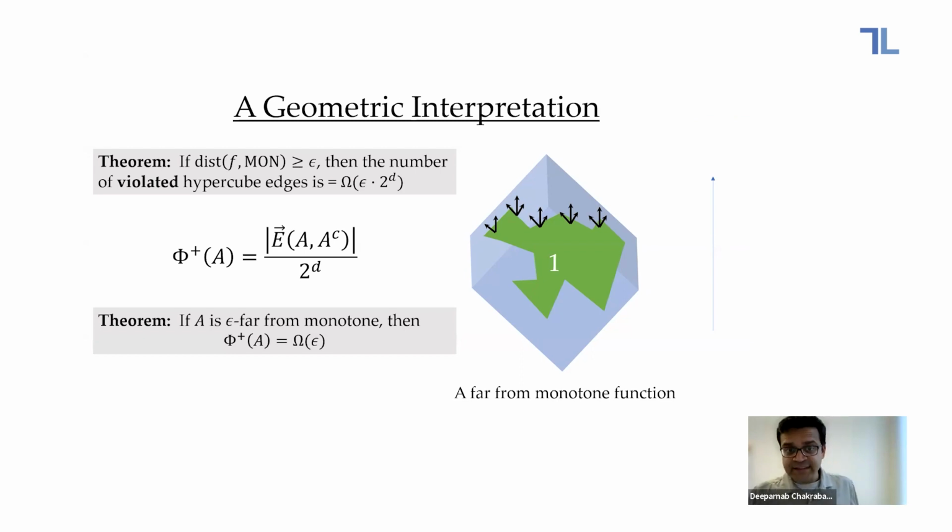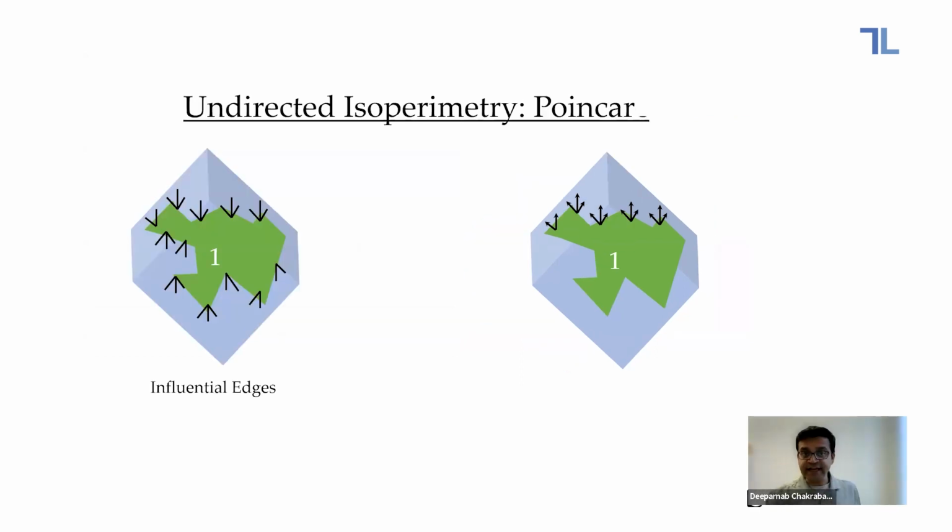Why am I saying this? Because instead of the directed, if you look at the undirected world, where again I have a subset of ones, and now instead of looking at only the violating edges, I look at all sensitive or influential edges, all edges which have one endpoint 1 and one endpoint 0. And this includes edges which go from 0 to 1. So clearly it's a superset of these edges.